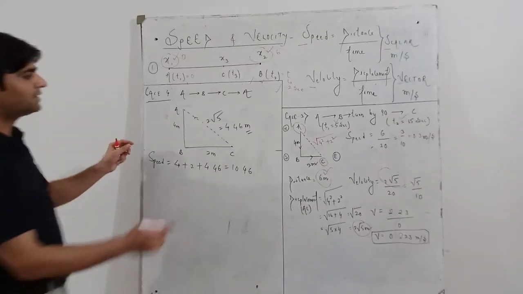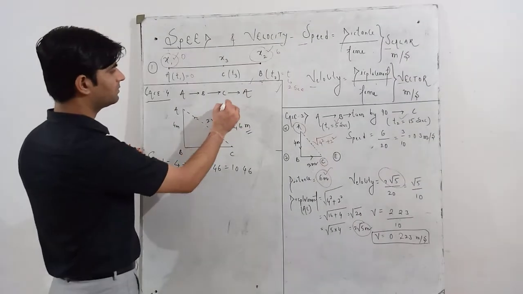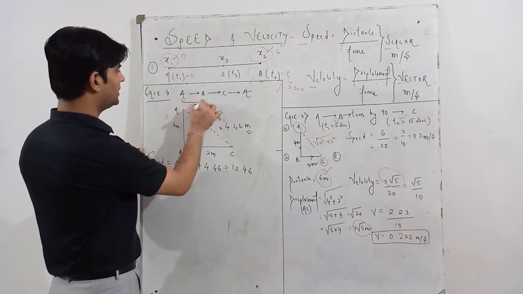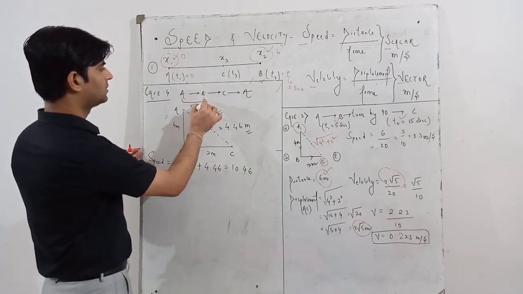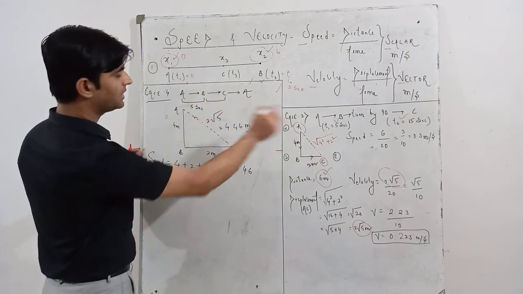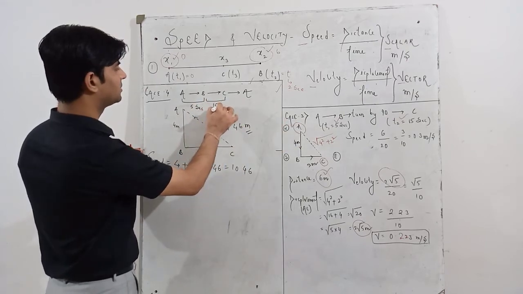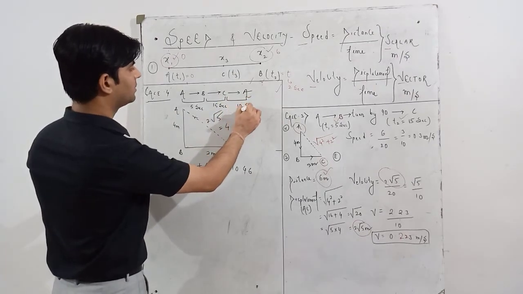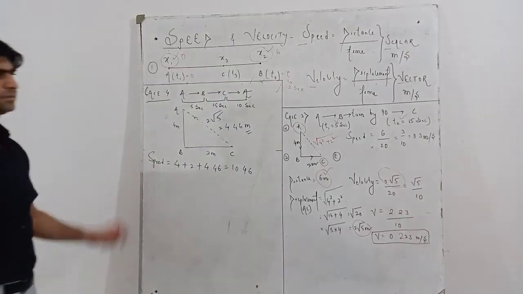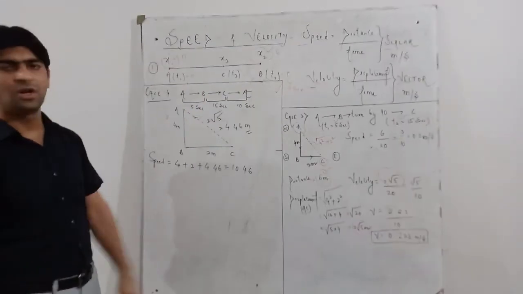And if time I take traveling from A to B, 5 seconds. For B to C, 15 seconds. And for C to A, if I take 10 seconds, so total time becomes 30 seconds.